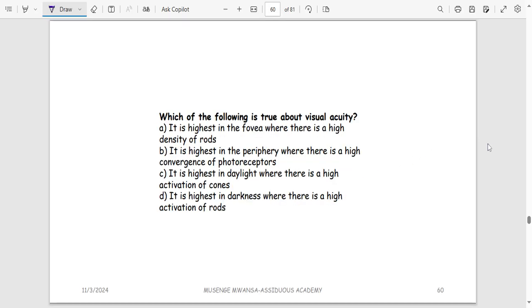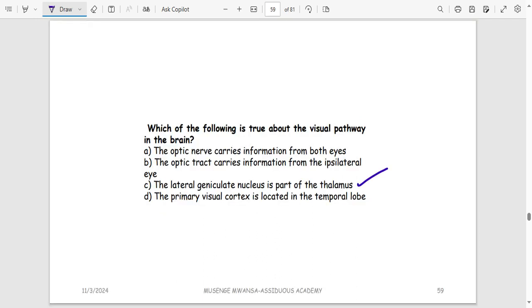Okay. Which of the following is true about B? Optic tract. So the tract carries information from both the contralateral and the ipsilateral eye, since that is after the chiasm when decussation has happened.